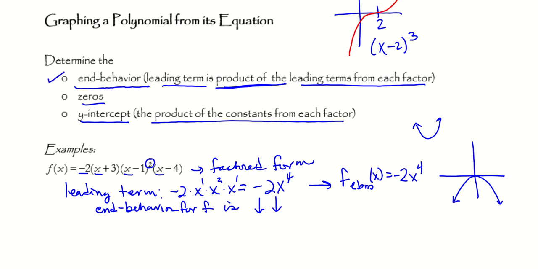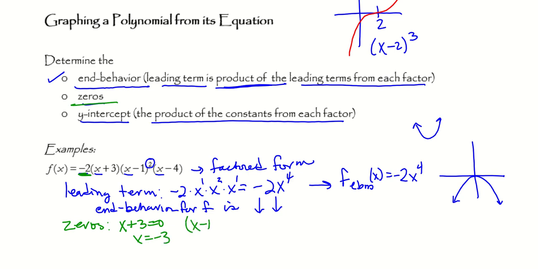So that's our end behavior. The next thing we want to look at is our zeros. Our zeros are going to come from what makes each of our factors equal to 0. Negative 2 is a factor, but it cannot ever equal 0. It's always negative 2. X plus 3 can equal 0 if x is negative 3.